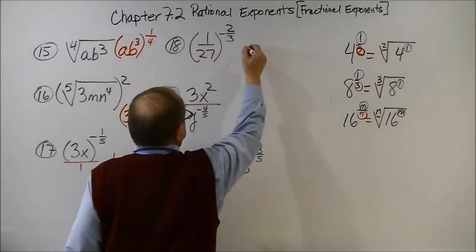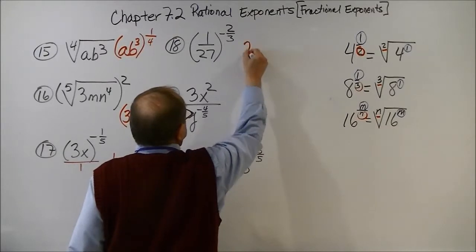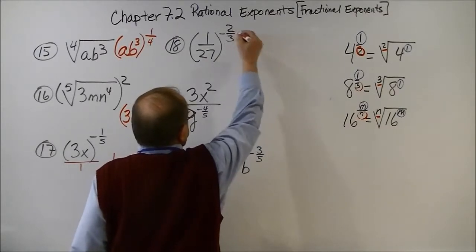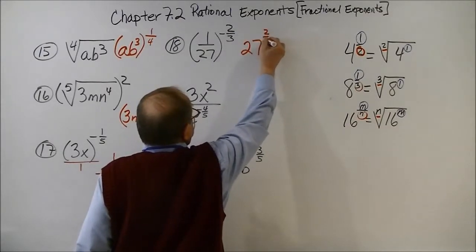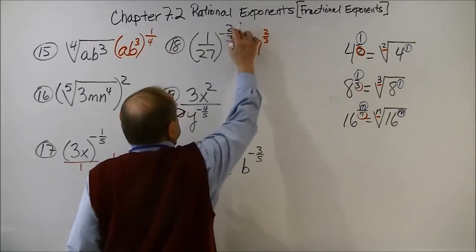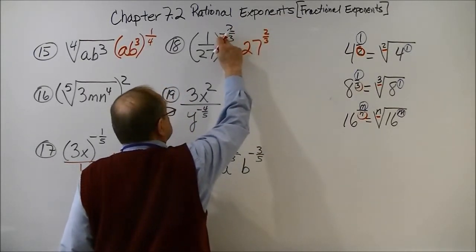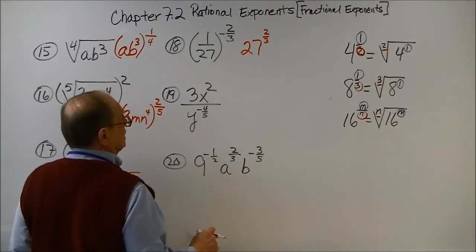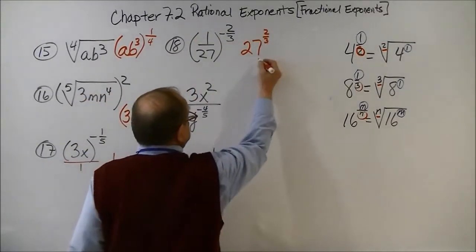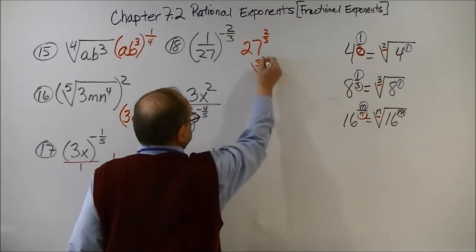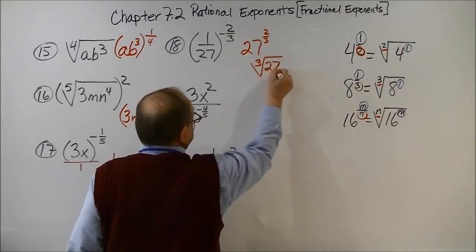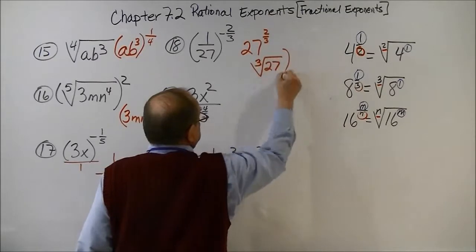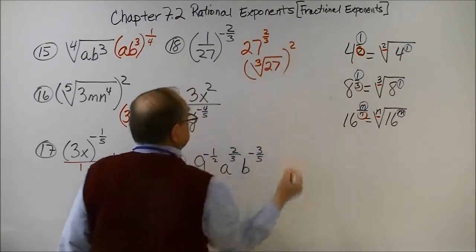So this is going to become then 27 to the 2/3 power. This doesn't change, only the sign of this changes as you take the reciprocal of that. So now you're going to take the 3rd root of 27 and raise it to the 2nd power.